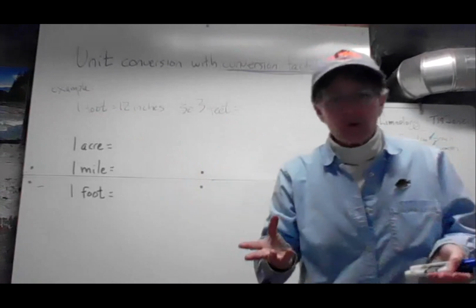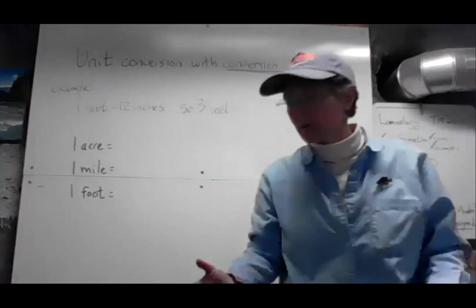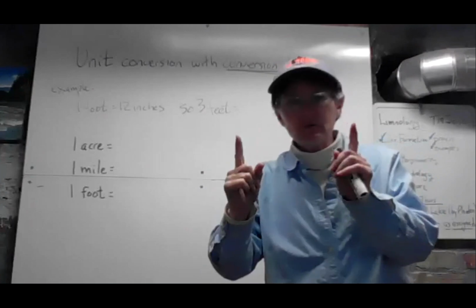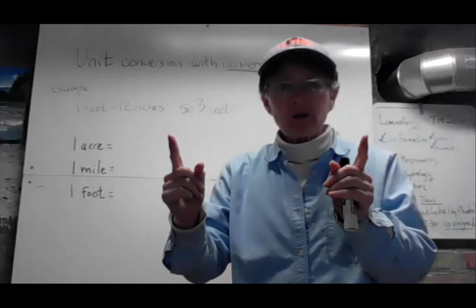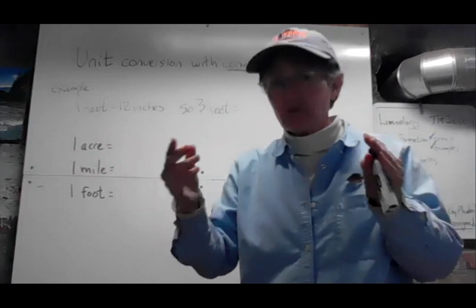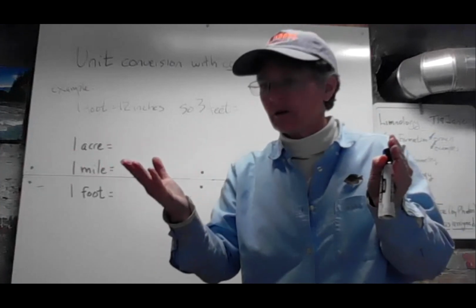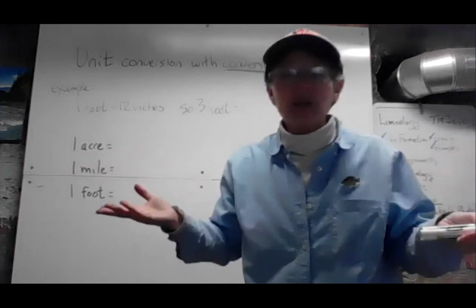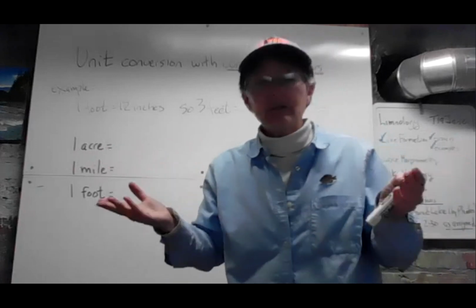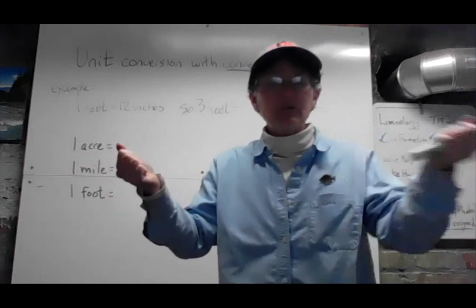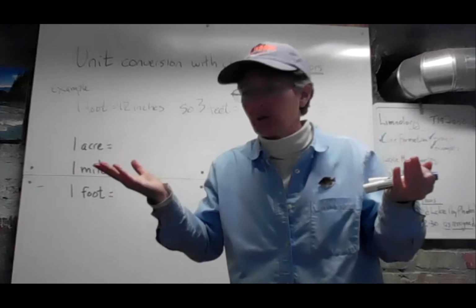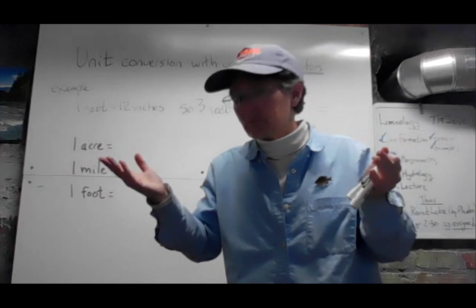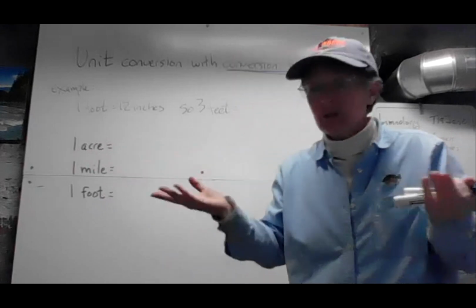If I showed you a ruler and said this is 12 inches long, and showed you another ruler and said this is 1 foot long, you would say they're the same length, exactly the same, with different units.